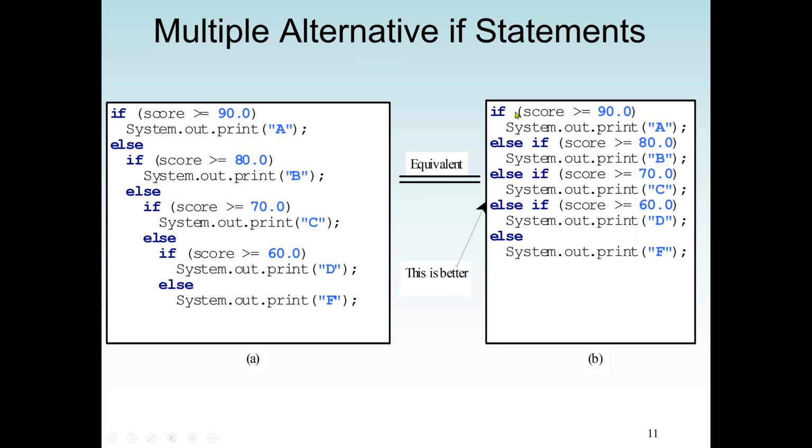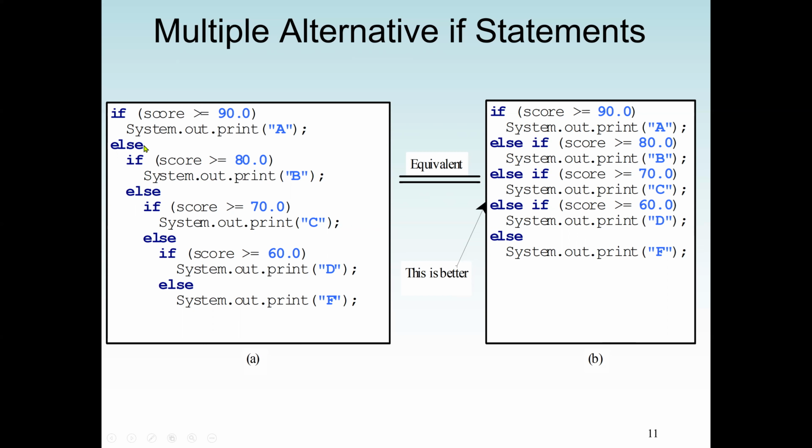Now here, this is a little bit better because of the formatting. So we can see if score is greater than or equal to 90, it is A, else if 80 or more, B, else if 70 or more, C, etc. The second one here on the right is more readable, easier to understand, but both of them are equivalent.